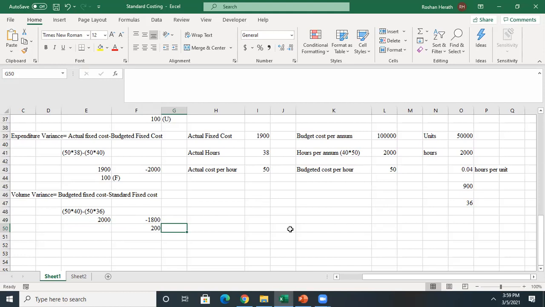When it comes to volume, it's favorable. Is that right? What kind of variance is that?